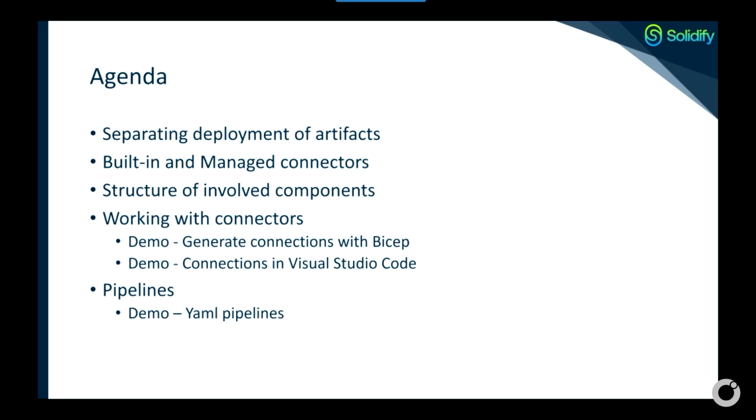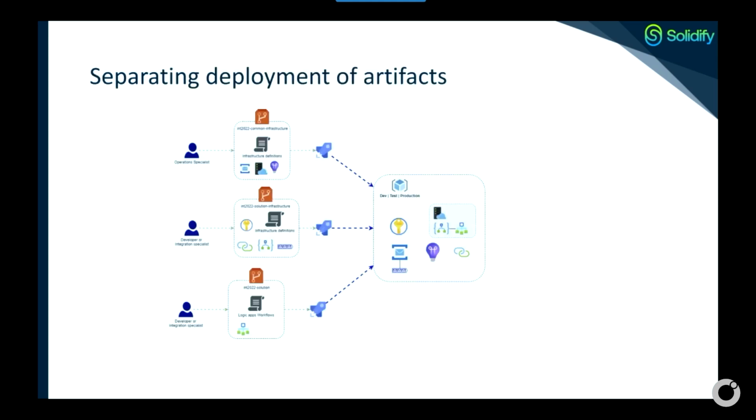Then working with connectors with a couple of demos, generating Bicep with a script, and then doing connections in Visual Studio Code, how you work with it and what you do with it. And then doing pipelines, and a demo with some YAML pipelines.